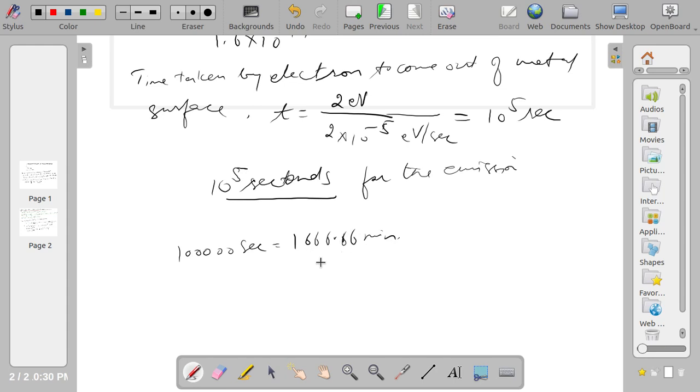Then I can convert it into hours, which is roughly 27.27 hours. So more than 1 day would be taken to knock out the electron classically. This is the major drawback which we are not able to explain.